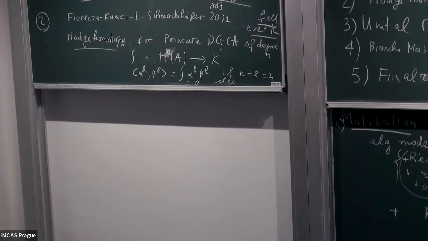They extend that pairing to A by setting the pairing of a in degree k and b in degree l to be the same integration, but now I take the cohomology class of the product, if k plus l equals n, and 0 otherwise.